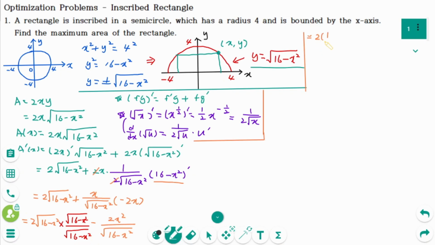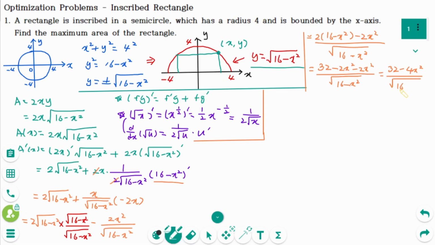That equals 2 times (16 minus x squared) minus 2x squared over square root of 16 minus x squared. Expand: 32 minus 2x squared minus 2x squared over square root of 16 minus x squared equals 32 minus 4x squared over square root of 16 minus x squared.